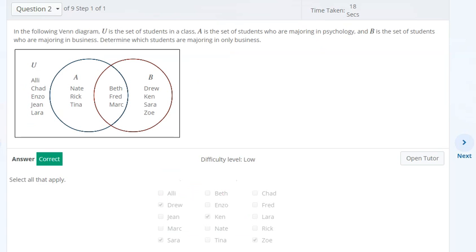Now, in this next one, we're asked to look at this Venn diagram, and all of these students make up the universe.